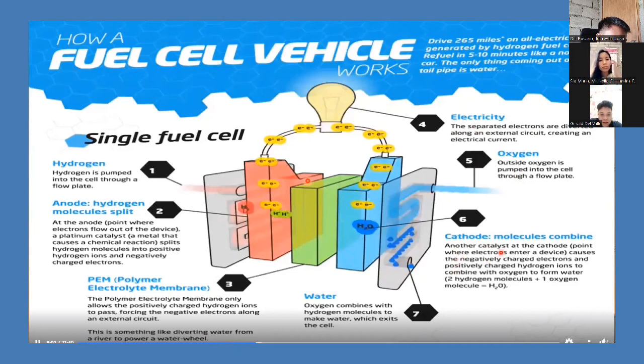Another catalyst at the cathode, the point where electrons enter the device, causes the negatively charged electrons and positively charged hydrogen ions to combine with oxygen to form water. Number 7 is water. Oxygen combines with hydrogen to make water, which exits the cell. That is how a fuel cell vehicle works.